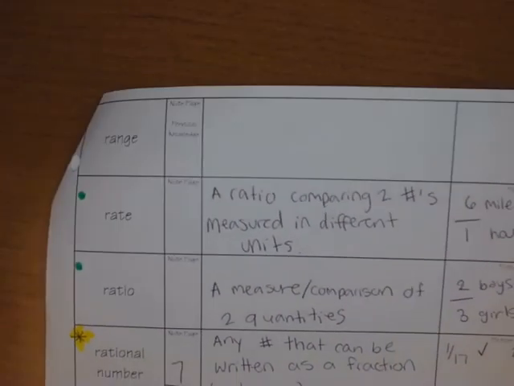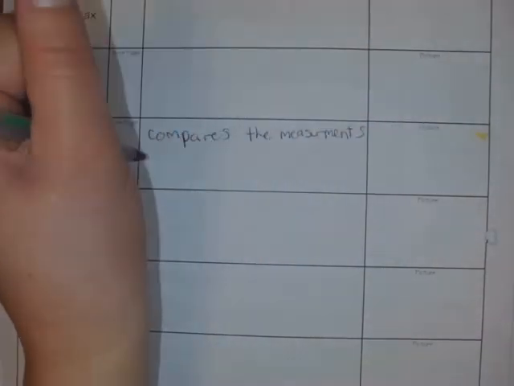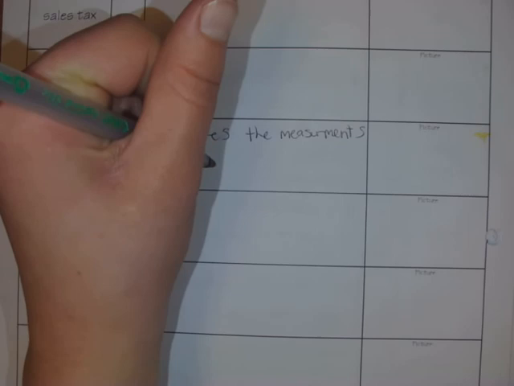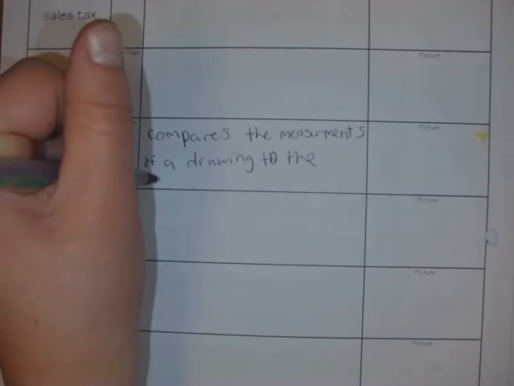Next is scale. Where is scale? Next page over. We have scale and scale drawing. A scale compares the measurements of a drawing to the actual size.